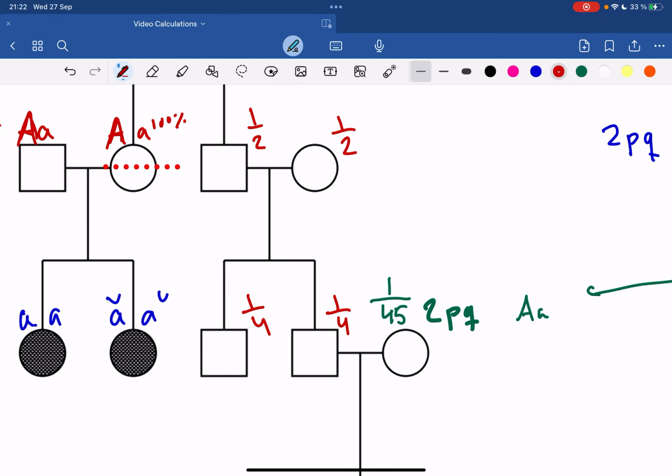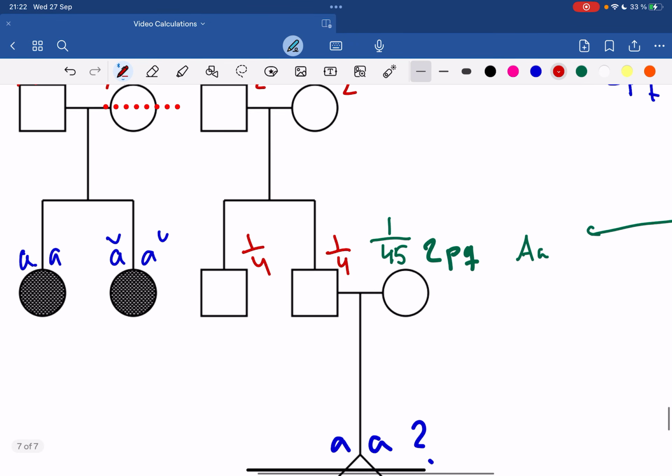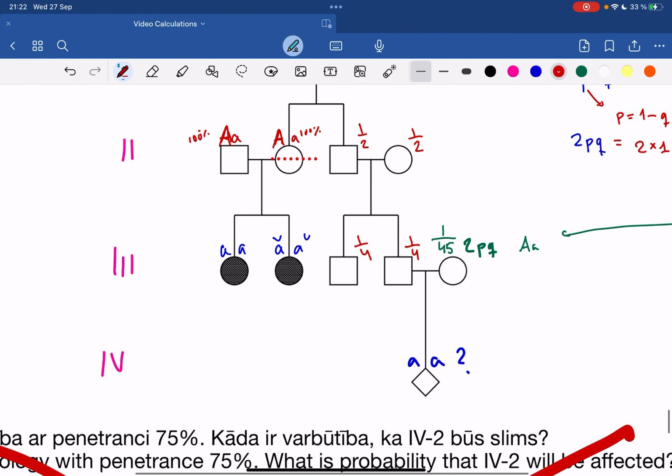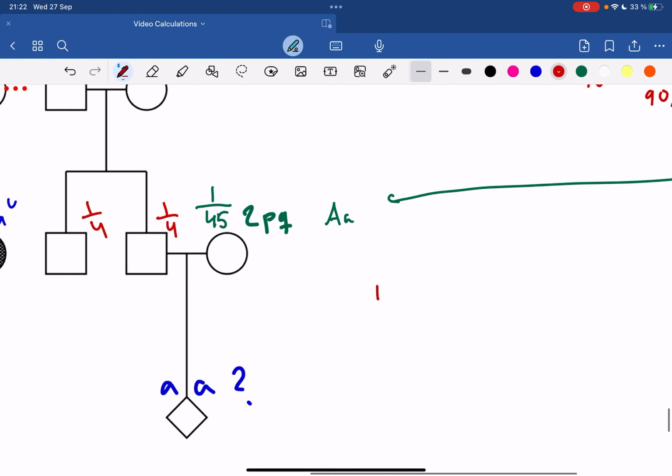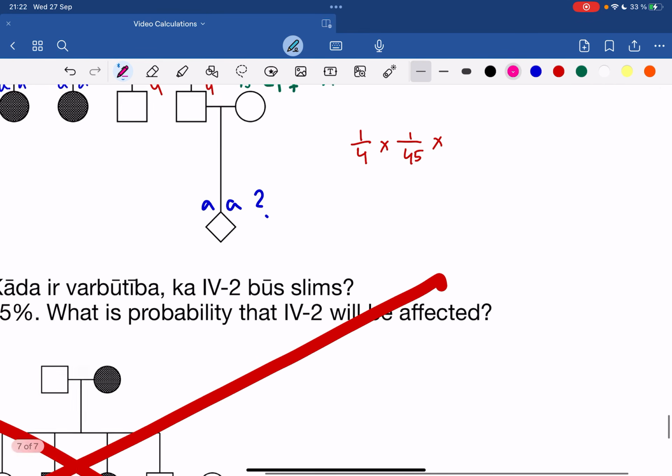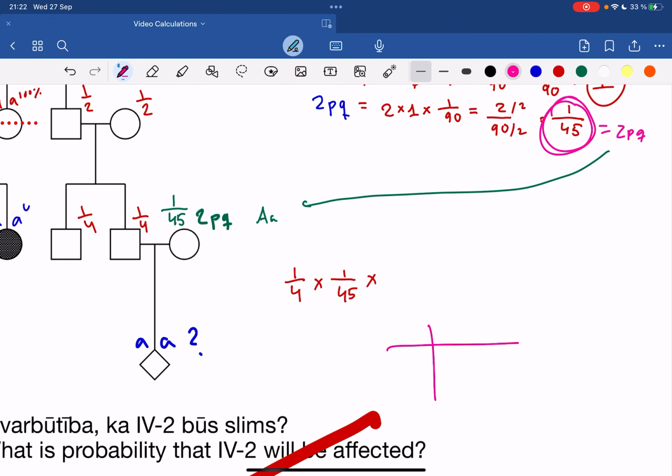And then, oh yeah, that's it. Perfect. Now we can finally do the calculation. We take father's probability to be heterozygous times mother's probability to be heterozygous times child's probability to be affected. So we draw a Punnett square here for people to remember.